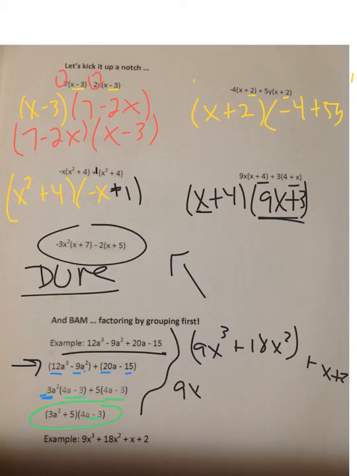If I take out a 9x, I'm left with x plus 2 plus x plus 2. Remembering that I have a 1 right there, my final answer would be 9x plus 1, x plus 2.